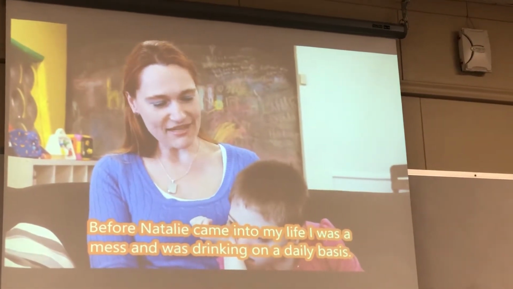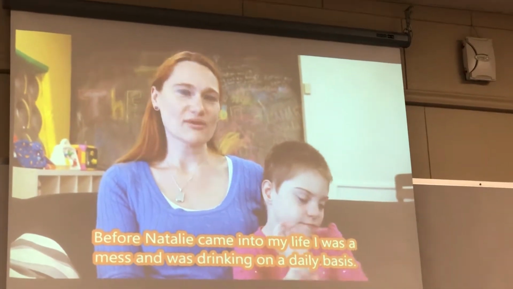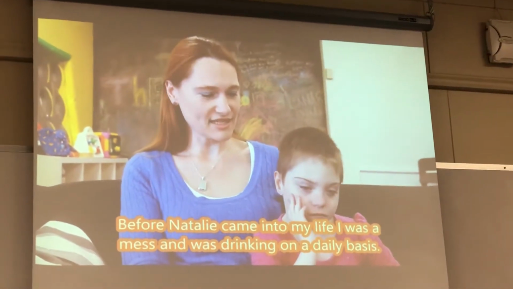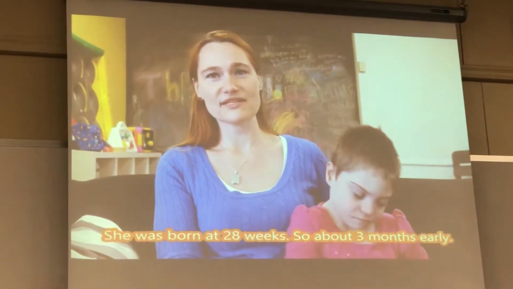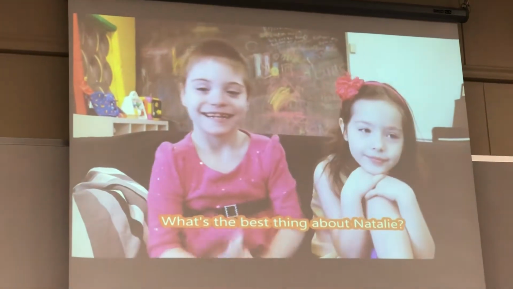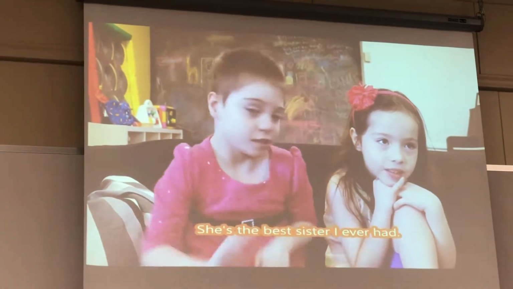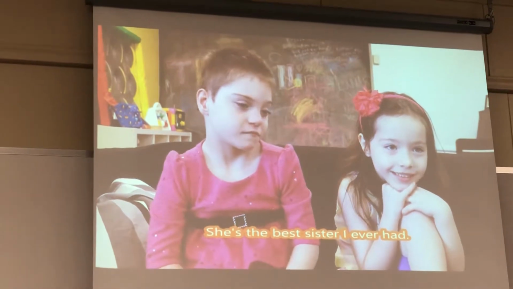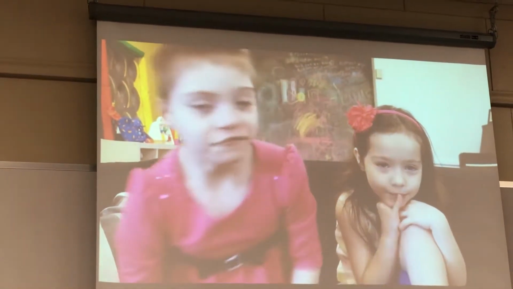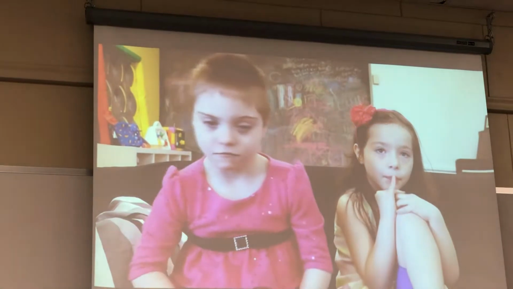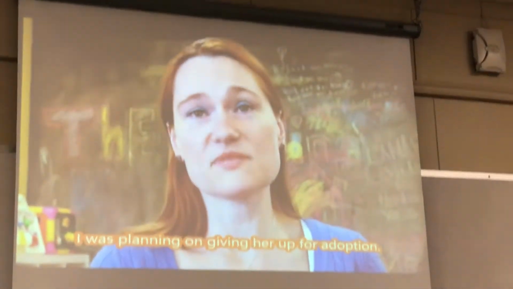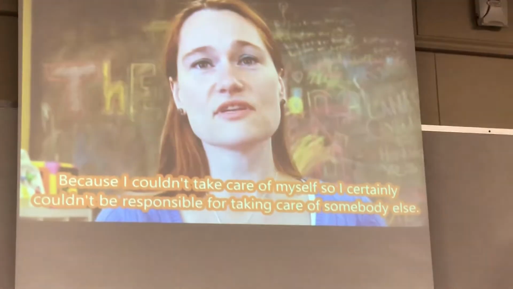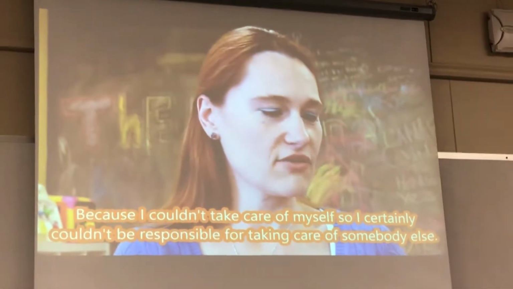Before Natalie came into my life, I was a mess, and I was drinking on a daily basis, and she was born at 28 weeks, so about 3 months early. What's the best thing about Natalie? She's the best sister I've ever had. I was planning on giving her up for adoption because I couldn't take care of myself, so I certainly couldn't be responsible for taking care of somebody else.